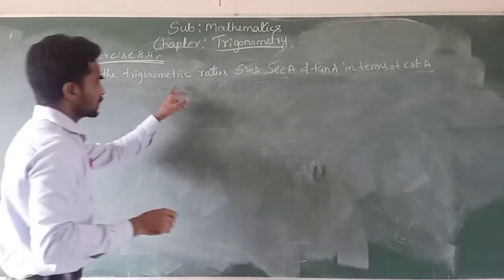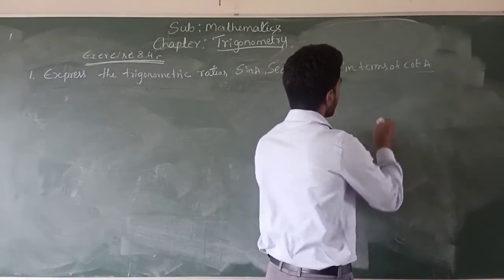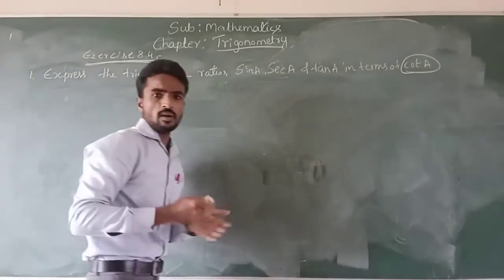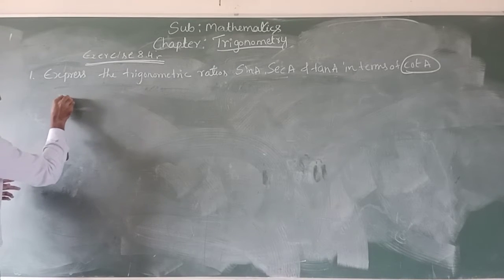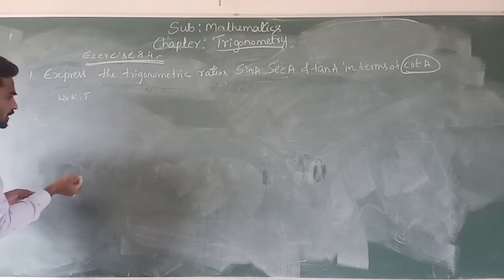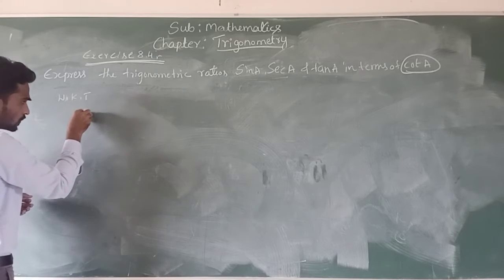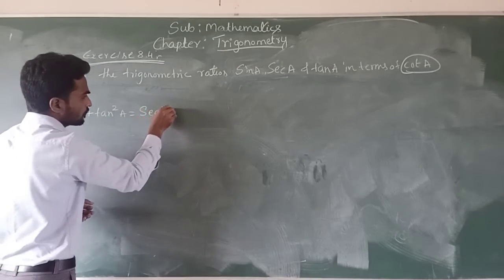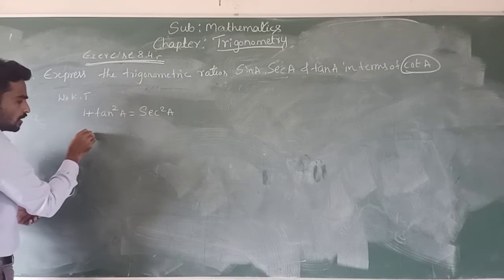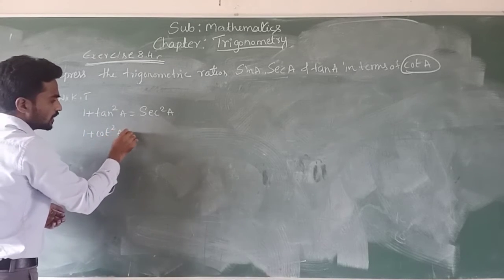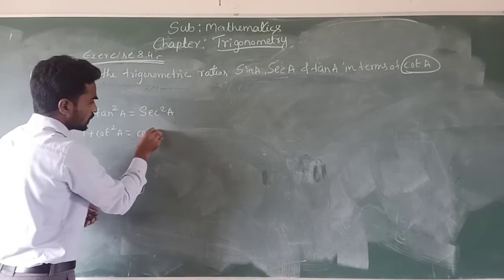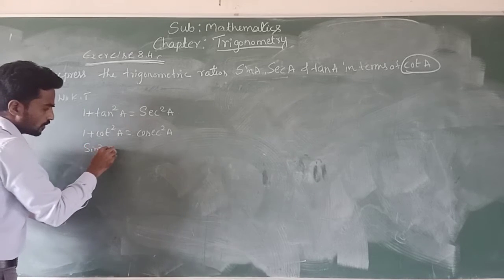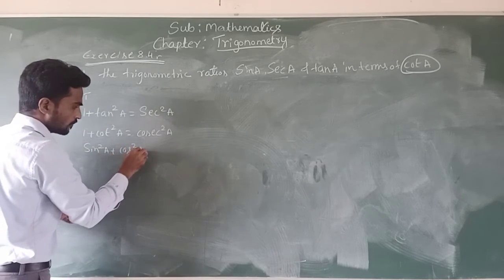In the first one, express the trigonometric ratios sin A, secant A and tan A in terms of cot A. We know these identities: 1 plus tan square A is equal to secant square A, 1 plus cot square A is equal to cosecant square A, and sin square A plus cos square A is equal to 1.